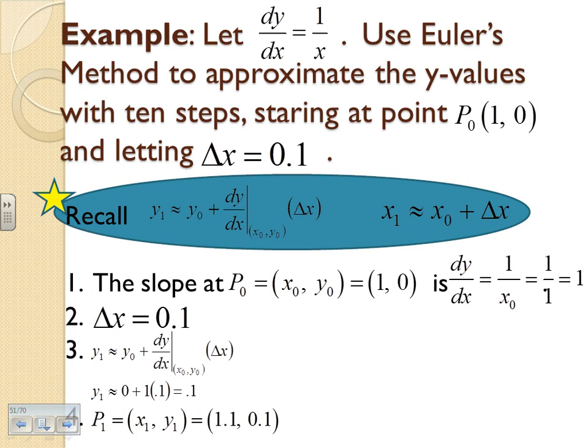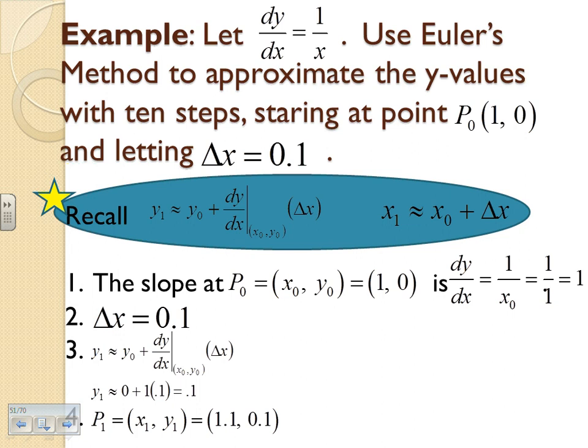All right. So we know that our particular point that we started with was 1, 0. So what would be the slope at 1, 0? Well, the only place I can plug in is the x's. So 1 over 1 would give me a slope of 1. Okay, so I got a slope of 1, and I know my delta x is 0.1.